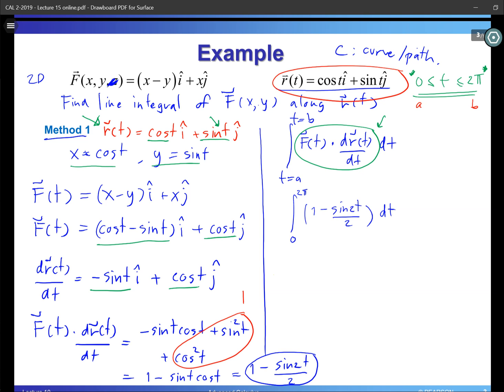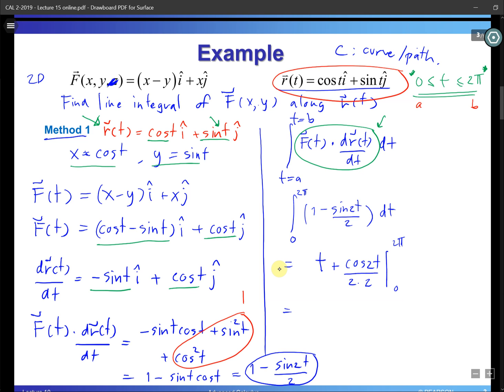Right, and this is going to be equal to t, and this is going to be equal to minus, plus cosine 2t, 2 still there, and then with the chain rule backward, so we have one more term right here, and we have to evaluate this at two values of time, 0 and 2 pi.